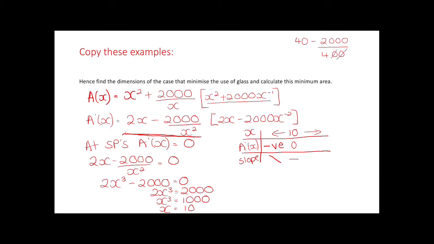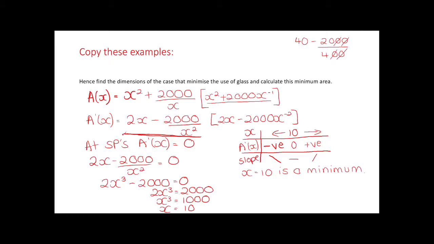I can then cancel out my zeros from here. 20 divided by 4 gives me 5. 40 take away 5 gives me 35. Now, it doesn't matter, remember, that I got to 35. It does, however, matter that it's a positive 35. So it looks like this. So that's clearly showing that 10 is giving us a minimum value. So we can then write x equals 10 as a minimum.